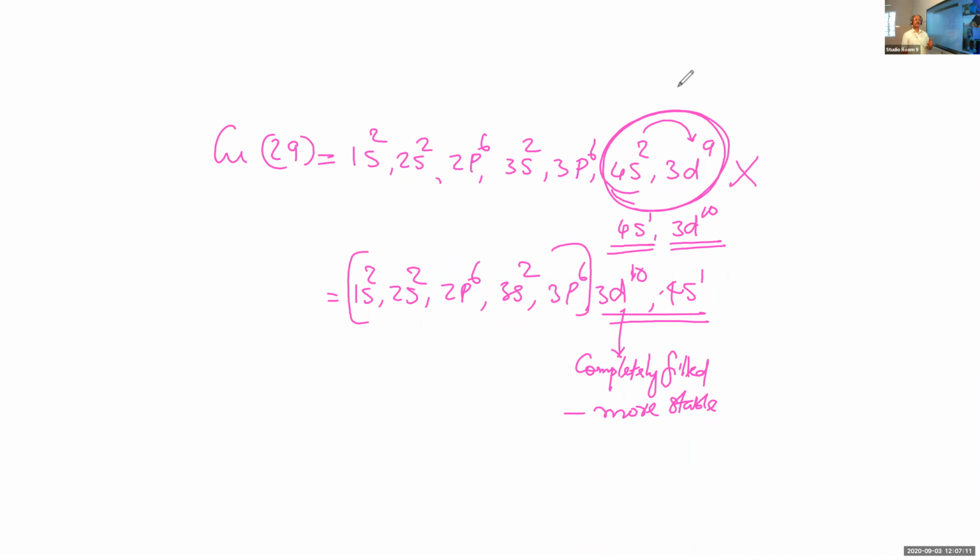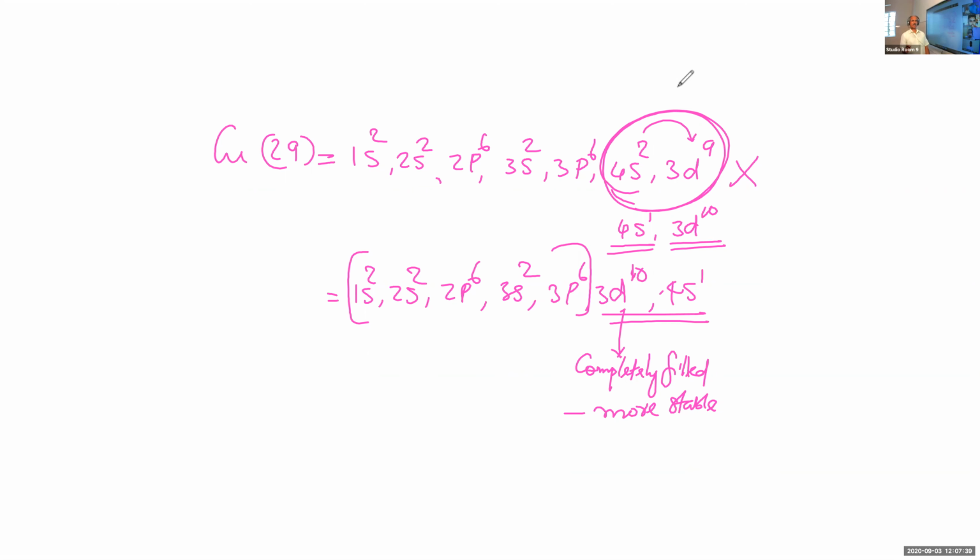So I have taken two examples which violate the strict n plus l rule. The two examples are chromium, atomic number 24, with the correct configuration 4s1 3d5. 3d5 is half filled, that is extra stable.